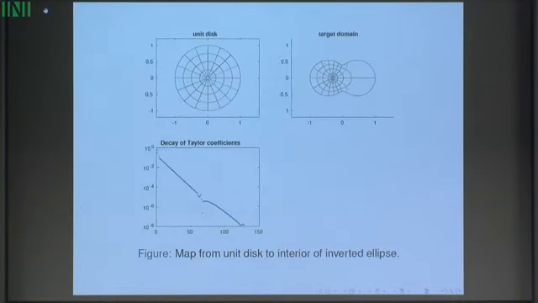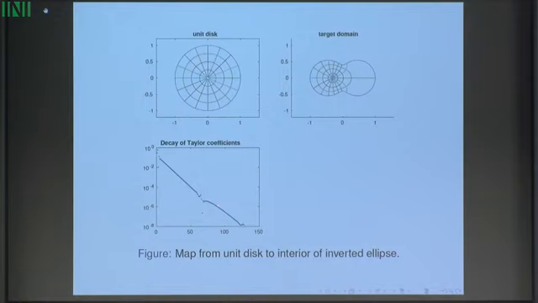All right, so here's the simply connected map from the unit disk to an inverted ellipse. You can fix the center point and one point on the boundary. A diagnostic tool, if you don't really know the exact map to test it against, or you wouldn't be computing the problem necessarily, is to watch the decay of the magnitude of the Taylor coefficients.